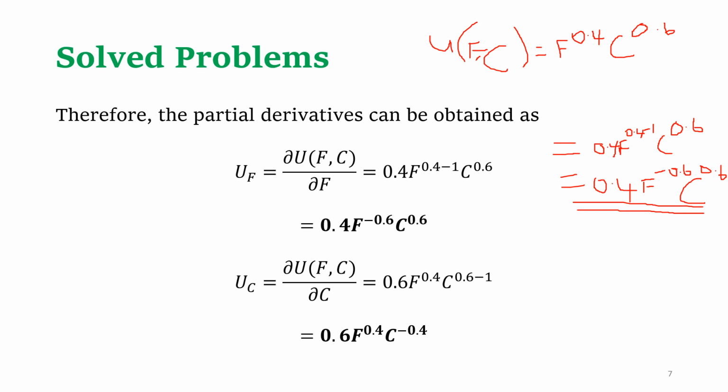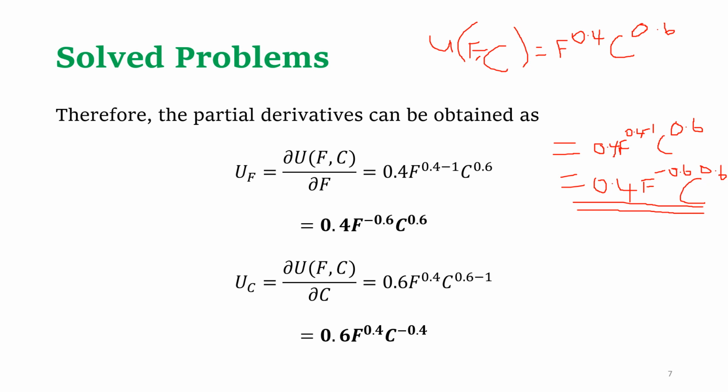If you differentiate with respect to C, you are going to hold what? Constant F. This time you are going to hold F. So since I'm holding F constant, and I have F to the 0.4, let me first of all write it down. F to the 0.4. Simple. You're done with that. And now you differentiate with respect to C, right?